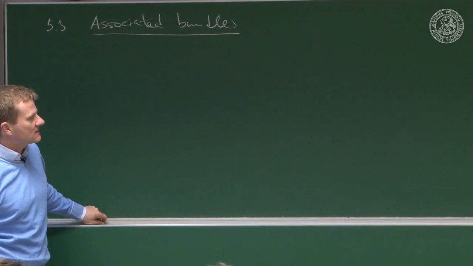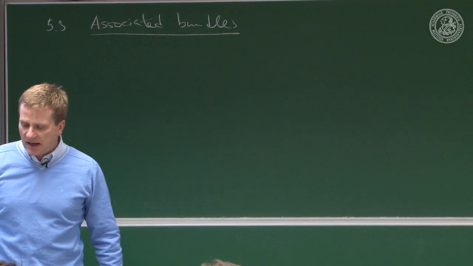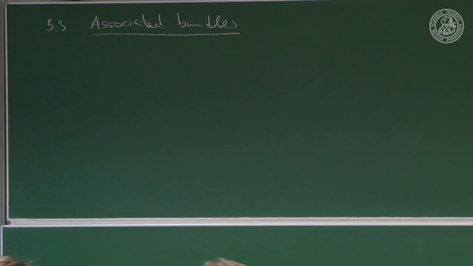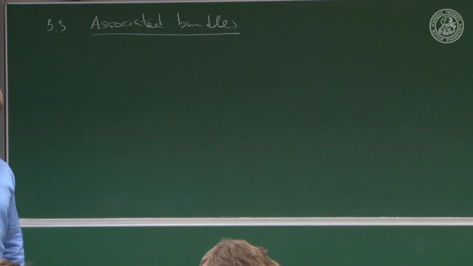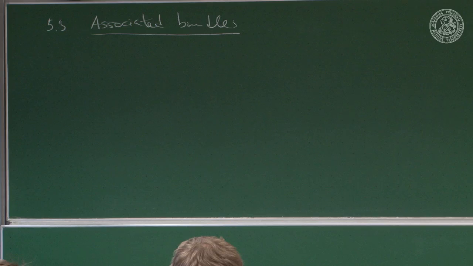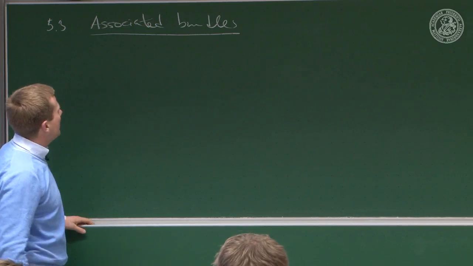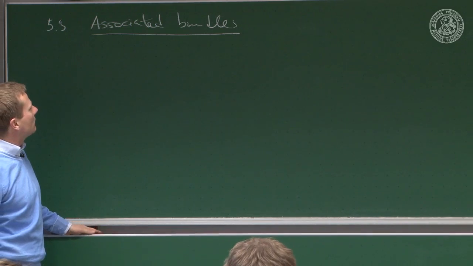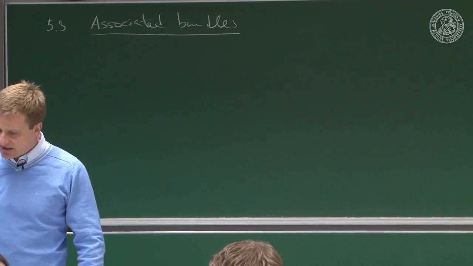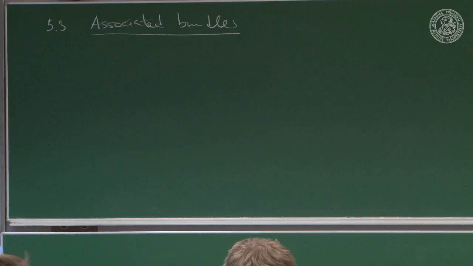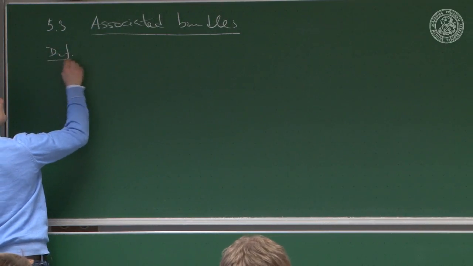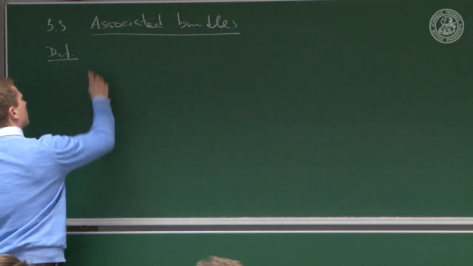So far we've discussed principal fiber bundles, and maybe it remained a little obscure how this relates to constructions in physics in particular, as you had them before. In a sense, one needs to introduce the associated bundles in order to start grasping the importance of principal fiber bundles. So let's first start with the precise definition.